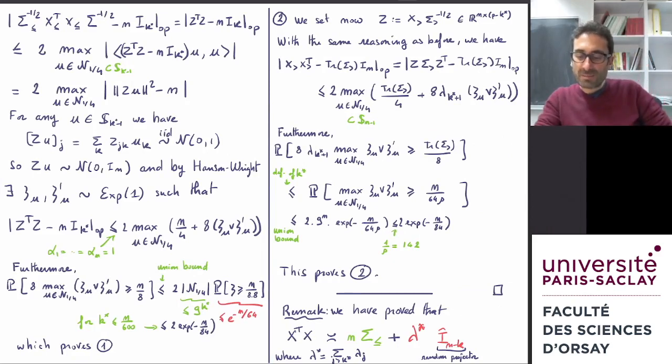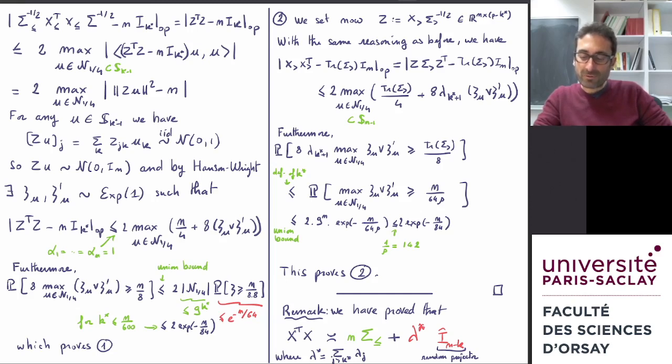So we'll do exactly the same as before. We will renormalize the x by sigma to the minus 1/2, but we simply restrict to the high-dimensional part. So we can do exactly the same reasoning. And if you do the same reasoning, what you have is that x transpose x in this high-dimensional part is z sigma z transpose in the high-dimensional part.